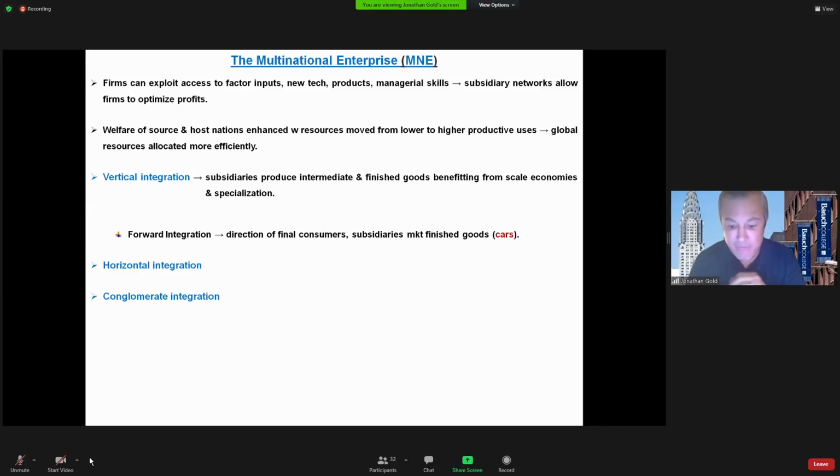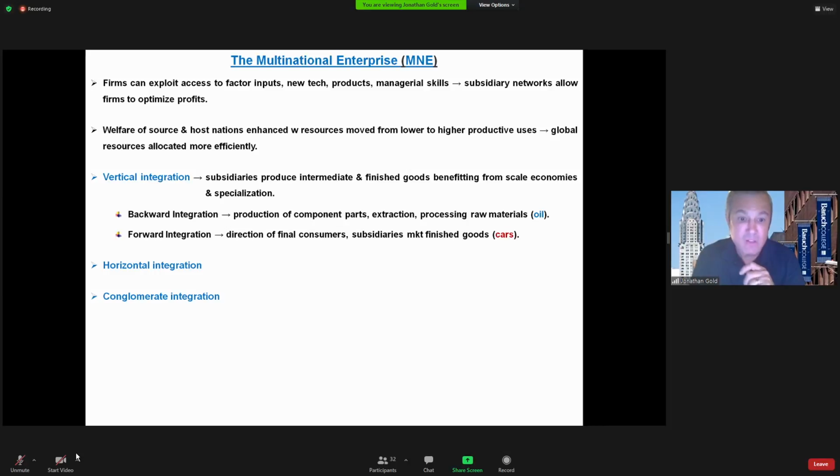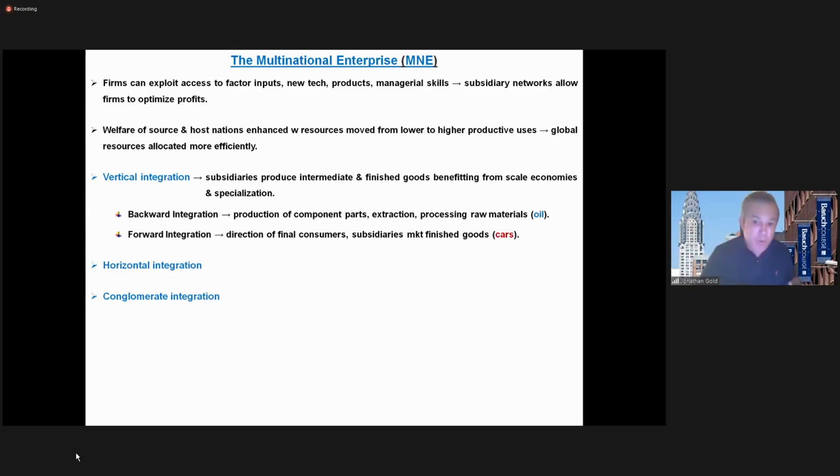Okay, that's an example of forward integration. Backward integration is when the company is producing all of the component parts, the extraction material, processing raw materials like oil companies do, or metal manufacturers do. That's backward integration. Horizontal integration just means that companies are developing subsidiaries that all produce the same goods.